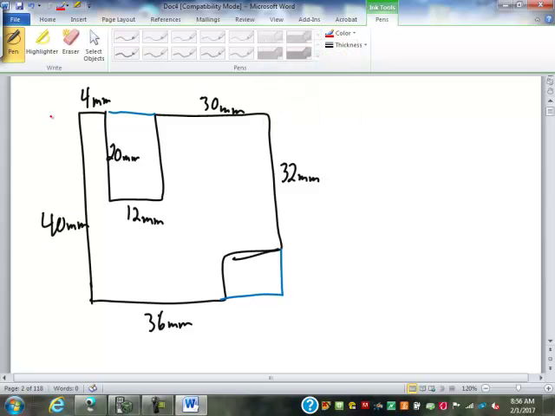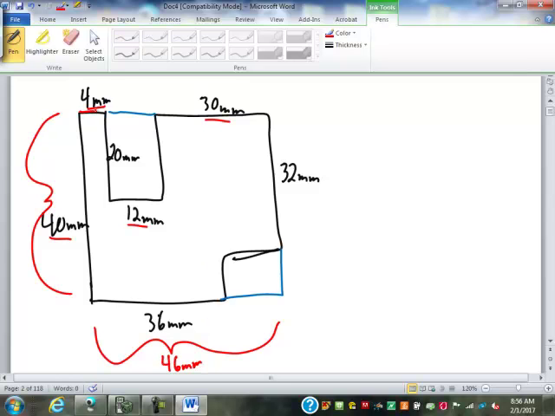We've got to find the overall dimensions. The overall height is just the 40. The overall length, 4 plus 12 plus 30, right? Do you see how we get that? So 46. We've got 4 here, 12 here, 30 here, right? Have to add up.